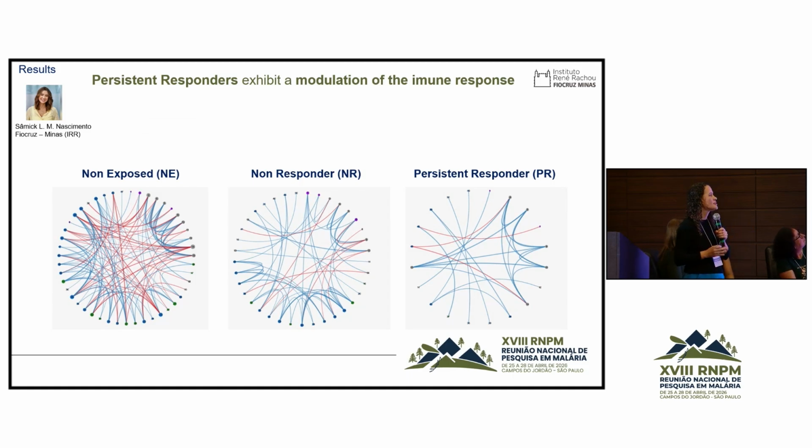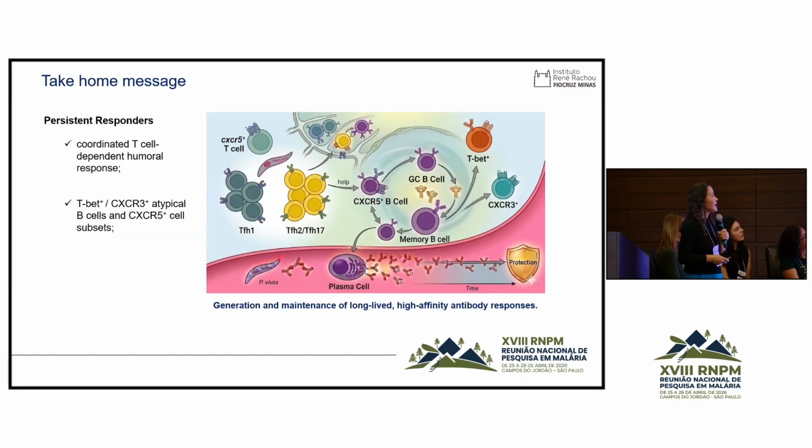We also had this correlation analysis between the different clusters, and we could see that the persistent responders had a smaller response from the cells, showing a modulation of the immune response.